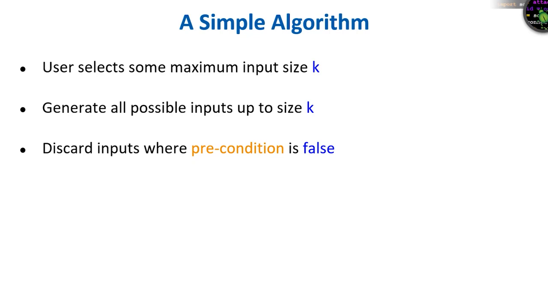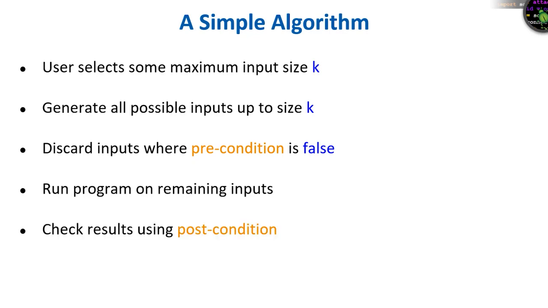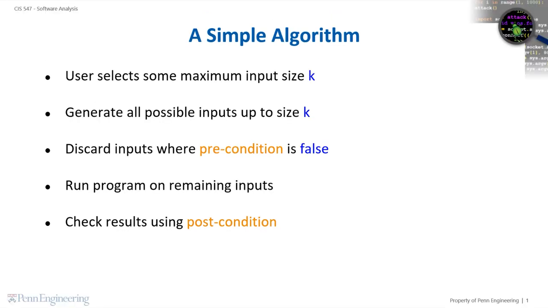For example, we might not want to call a remove root method on an empty binary tree. Those test inputs meeting the precondition are run through the method being tested, and the results are checked against the method's postconditions. This algorithm should be more or less familiar. The same basic flow happened with randomly generated test cases. The only difference is the way in which test cases are generated. Let's take a closer look at this.